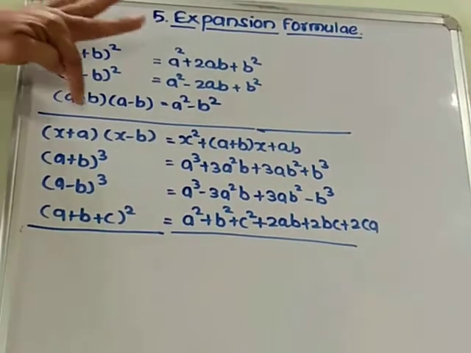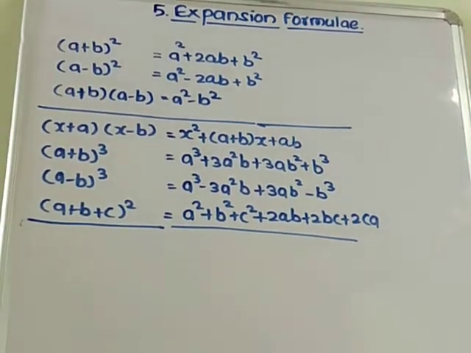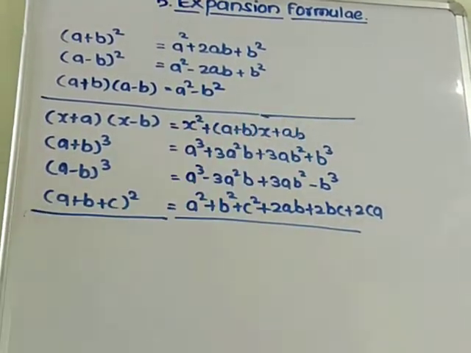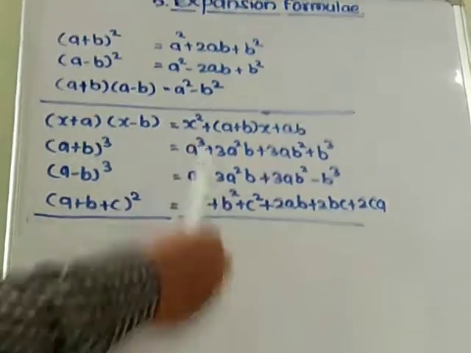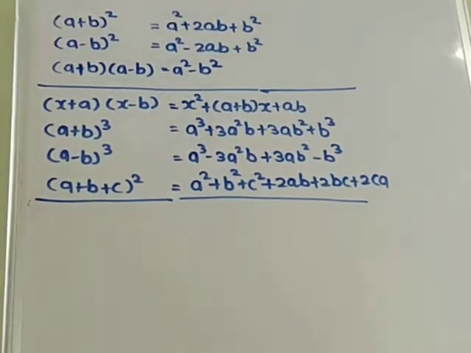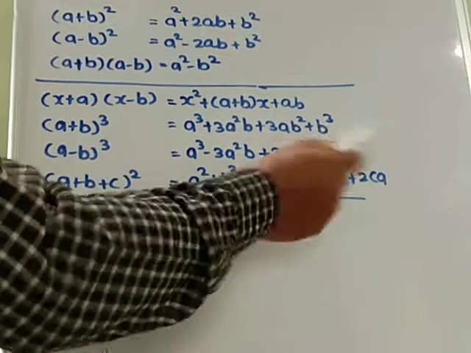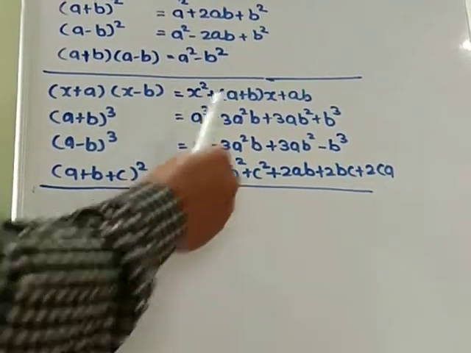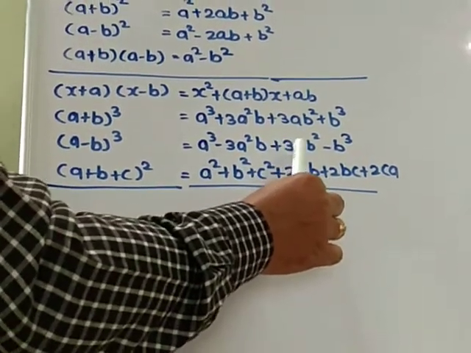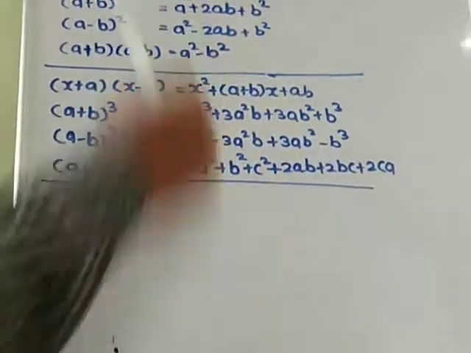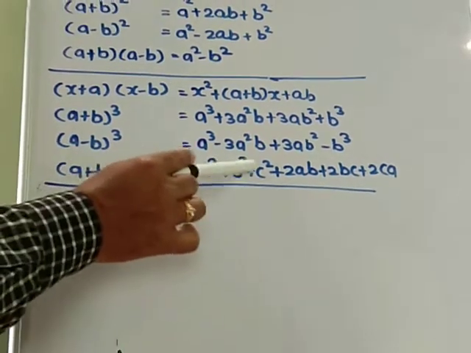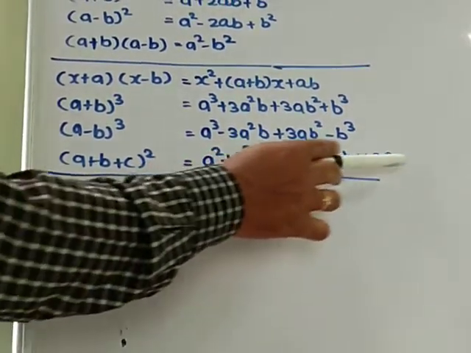First formula: (x + a)(x − b) gives x² + (a + b)x + ab. (a + b)³ is a³ + 3a²b + 3ab² + b³, that means everything is plus. (a − b)³ is the same formula, but with minus signs: a³ − 3a²b + 3ab² − b³. (a + b + c)² is a² + b² + c² + 2ab + 2bc + 2ca.